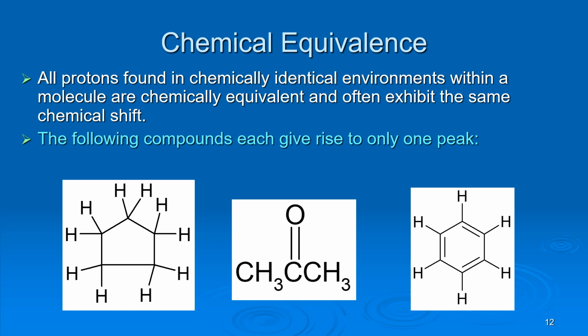There's 10 hydrogen, and they're all equivalent because of symmetry. There's 2 hydrogen on each carbon, it's in a ring, and there's nothing else there, so this will give you one peak. This one will also give you one peak because these 3 hydrogen and these 3 hydrogen are equivalent to each other. On a benzene ring, you have 6 hydrogen. All 6 of them are equivalent to each other, so you'll only get one peak.